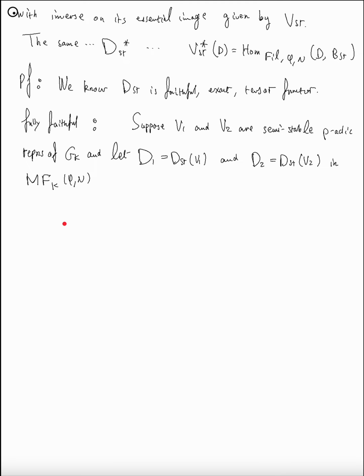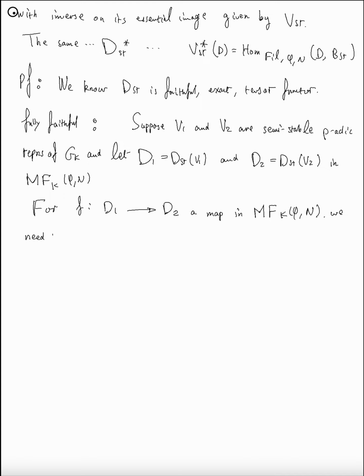Let's start with a filtered phi-module map f over K.